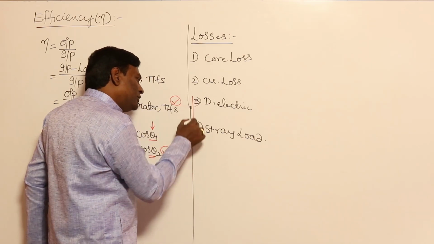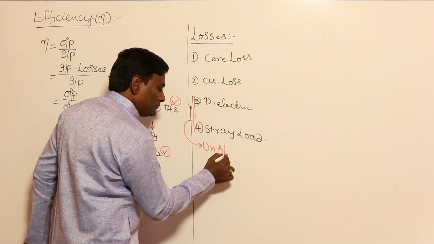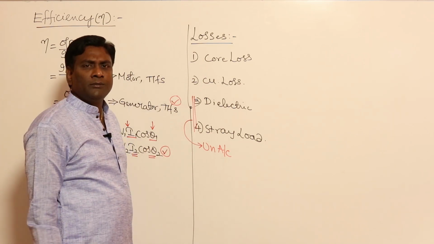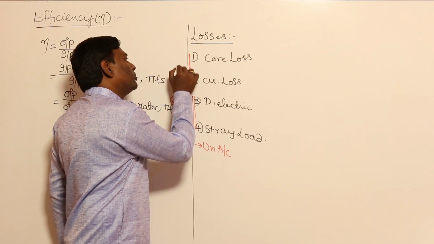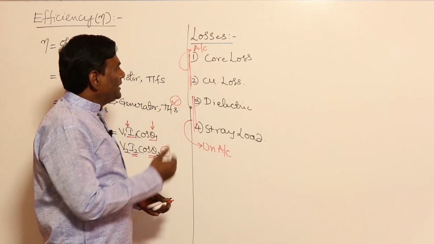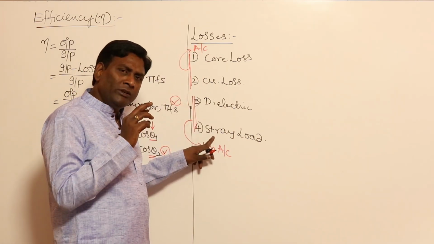So these two are going to be unaccountable losses. And these two we can calculate, so these two are going to be accountable losses.